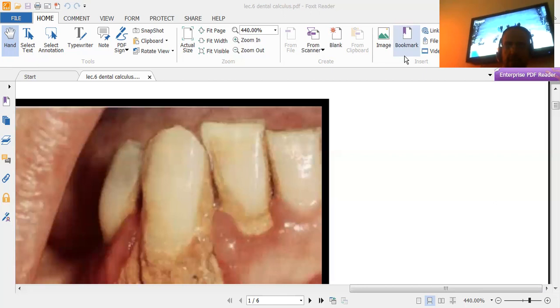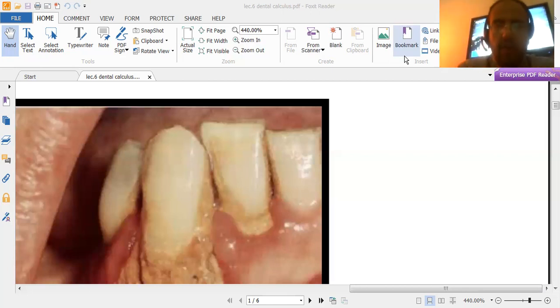So the calculus is found on the buccal surface of the upper molars near the opening of the parotid gland, and on the lingual surface of the lower anterior teeth near the openings of the ducts of the sublingual and submandibular glands. Subgingival calculus is brown to grayish black in color, and it's located between the rest of the marginal gingiva.